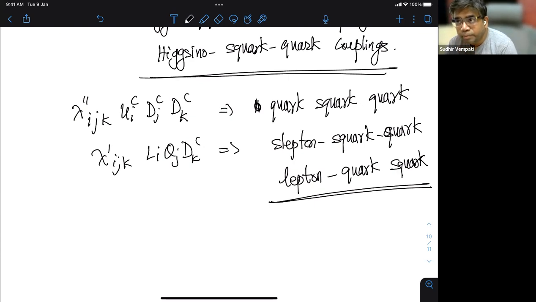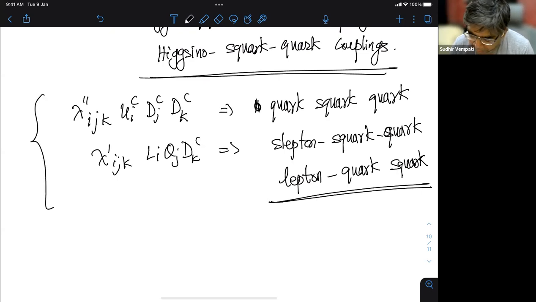This is a leptoquark, essentially a coupling of a lepton with a quark. Okay, so this is a leptoquark like coupling. There's a reason why R parity violating couplings are also like leptoquark couplings and so on.